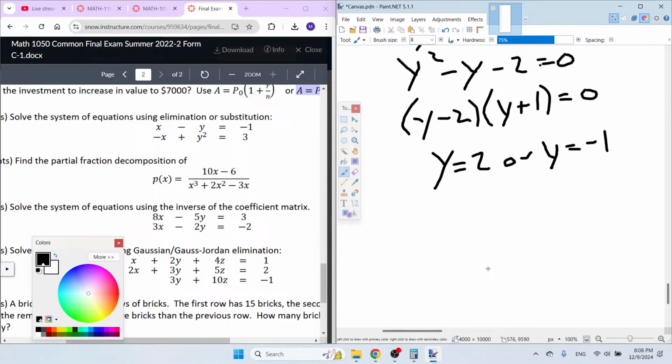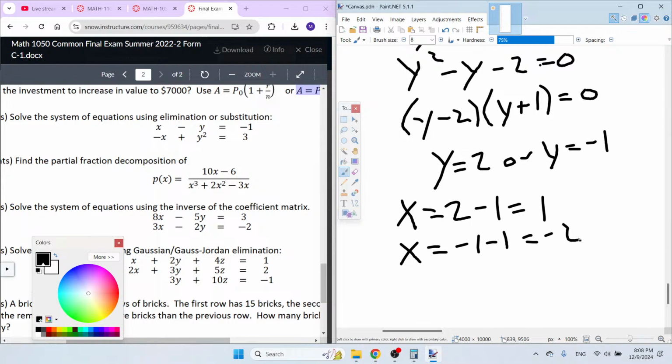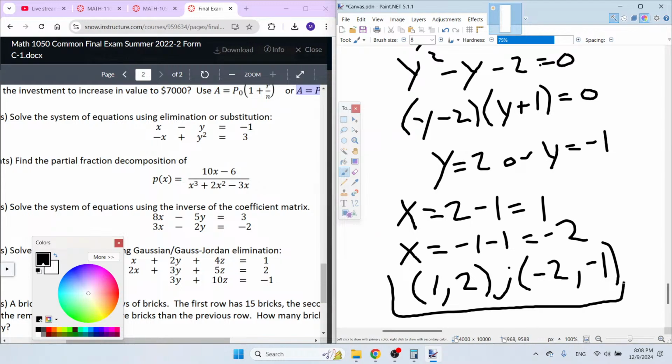So x equals 2 minus 1, which is 1, and x equals -1 minus 1, which is -2. So that means that we have the point 1, comma 2, and the point -2, comma -1. These are the 2 points where these cross.